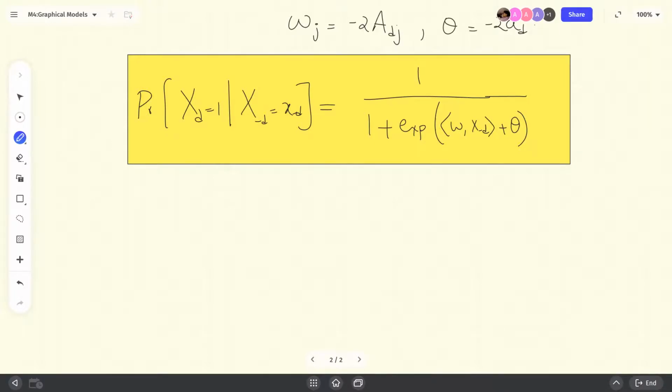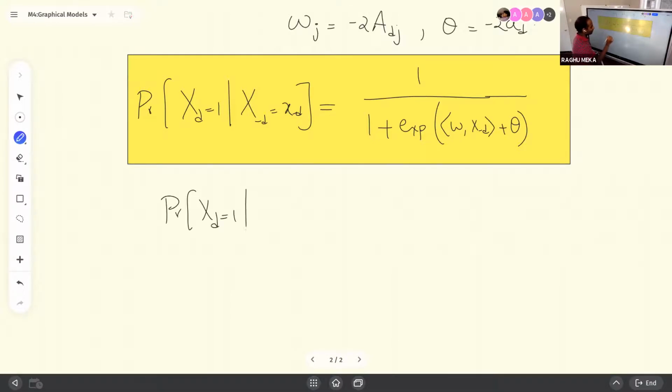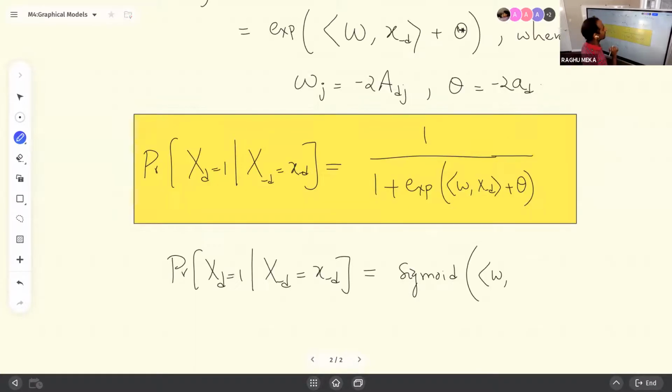So at the end of the day, we went through this very circuitous route, but what you end up with is something which looks really like logistic regression, right? It is a sigmoid of... actually, I think sigmoid is defined with minus z. So okay, sorry, let me make one change.